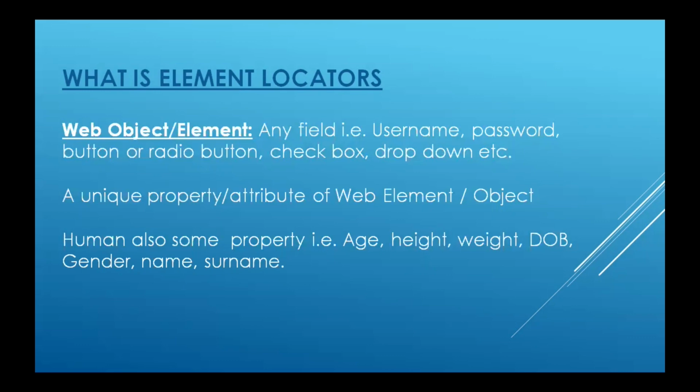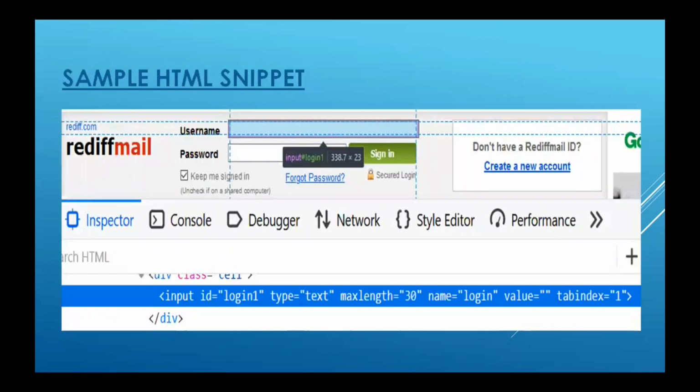This is a sample snippet of the Rediff login page where I have selected a username, and at the bottom you can see various properties of this username, like it has ID, type, max length, name, value, tab index as the properties.